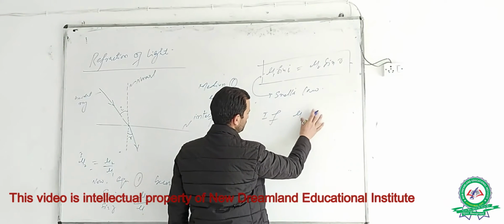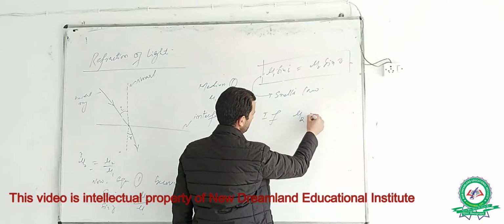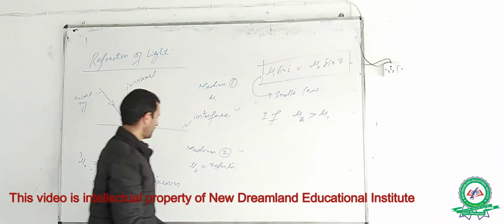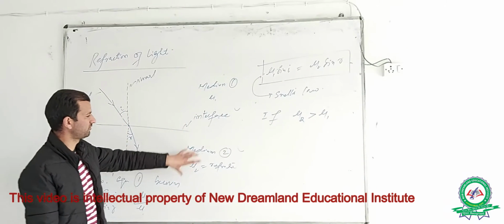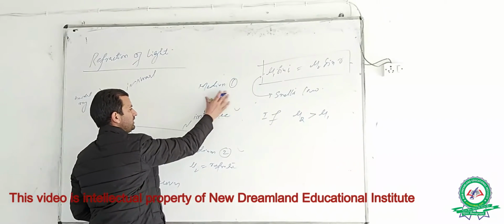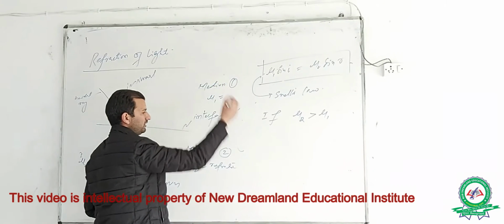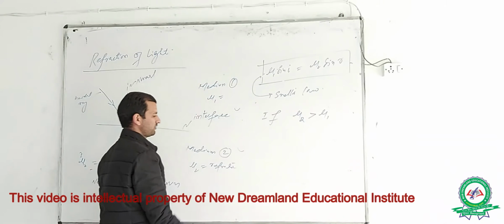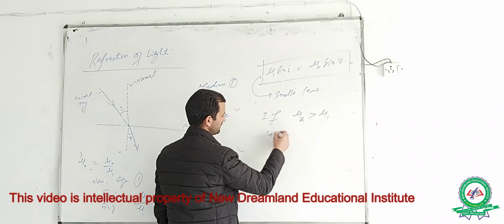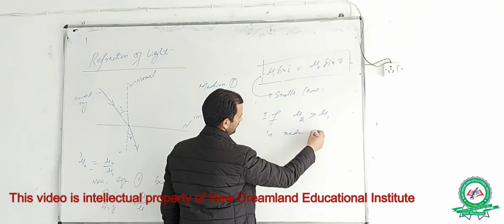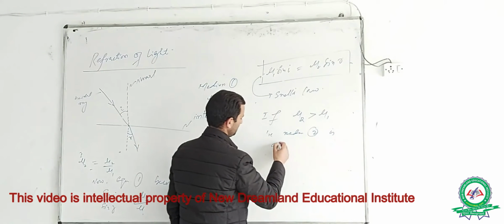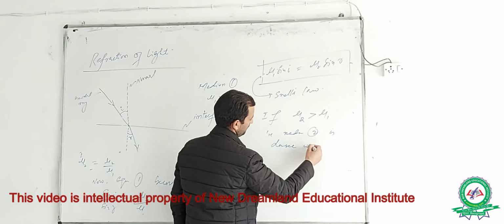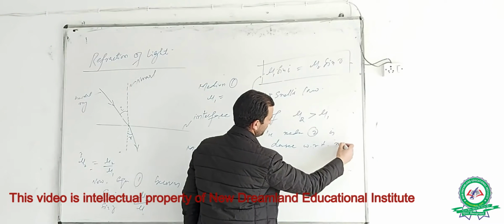Now if mu2 is greater than mu1, if the refractive index of medium 2 is greater than the refractive index of medium first, that means that medium 2 is denser with respect to medium first.